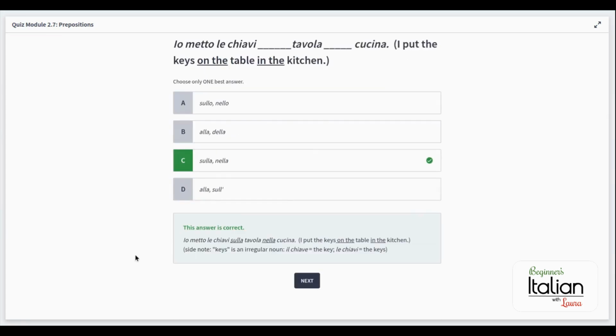Okay, so the correct answer was C. Io metto le chiavi sulla tavola nella cucina. I put the keys on the table in the kitchen. Side note, keys is an irregular noun in Italian. Il chiave means the key, but le chiavi means the keys.